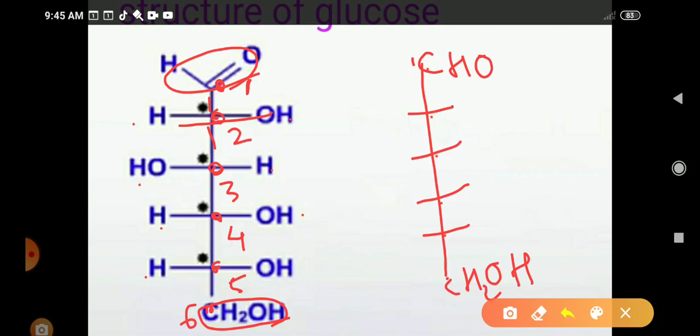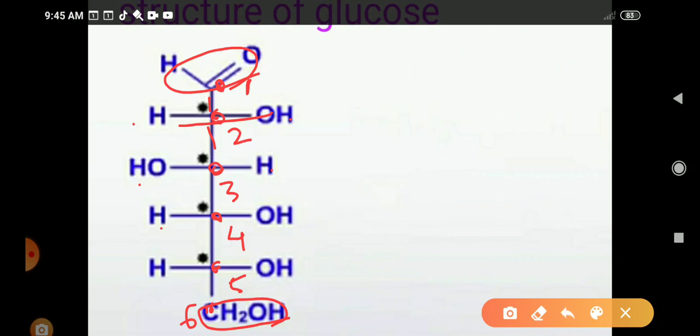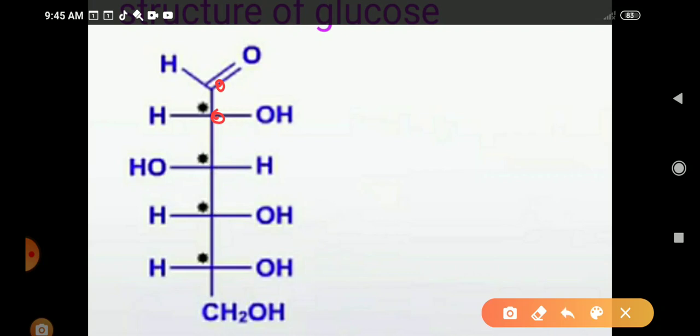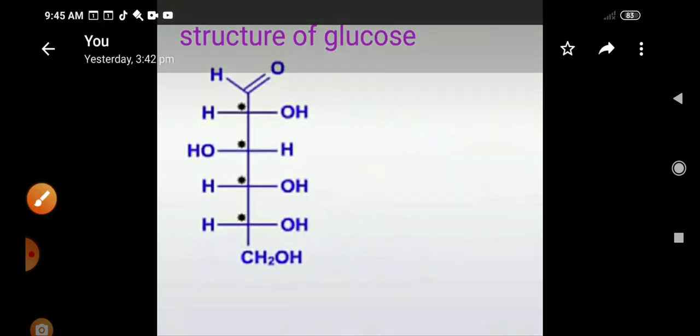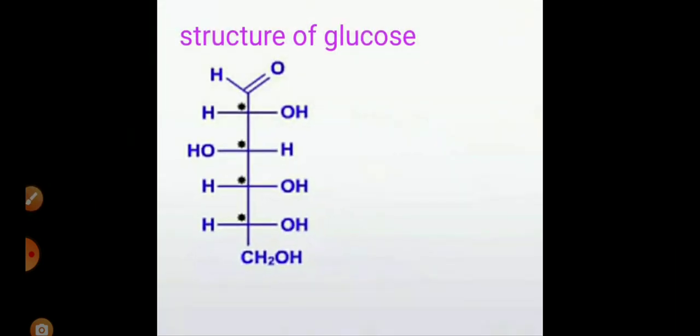So by this we can easily make the structure of glucose, and I told you it is very important to learn the structure easily. Now let us discuss more about the structure of glucose.